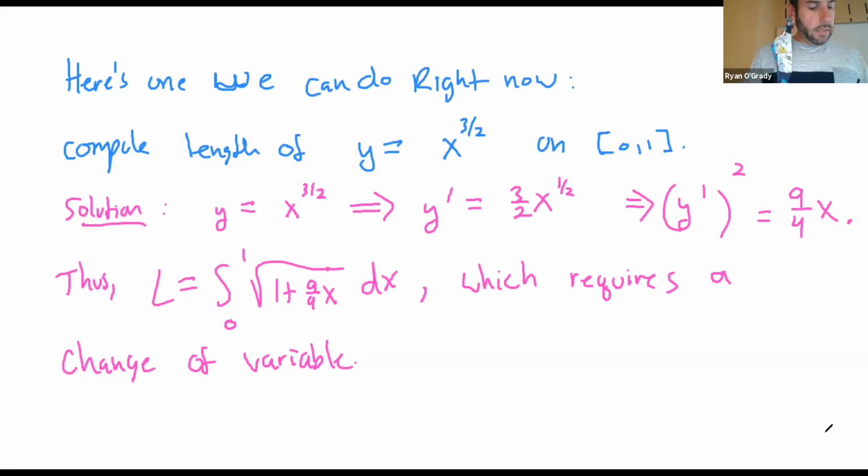Does anybody want to say anything before we do that? Comments, questions? No? So again, I strategically chose the power of 3/2 here because I knew once I took the derivative and squared it, then the power would go away.